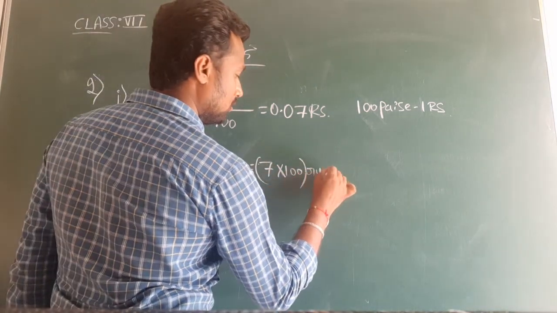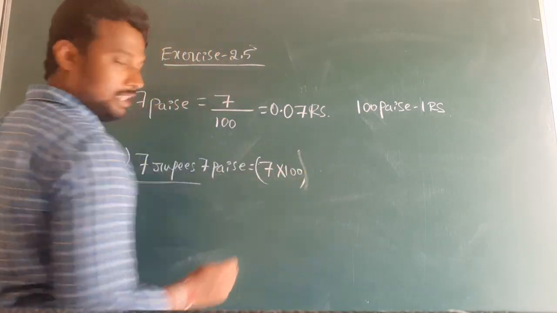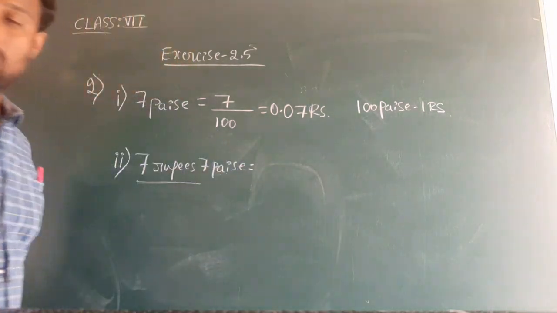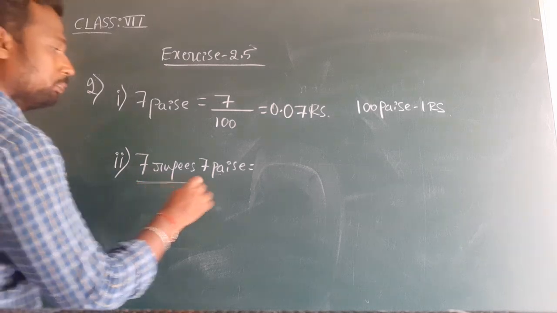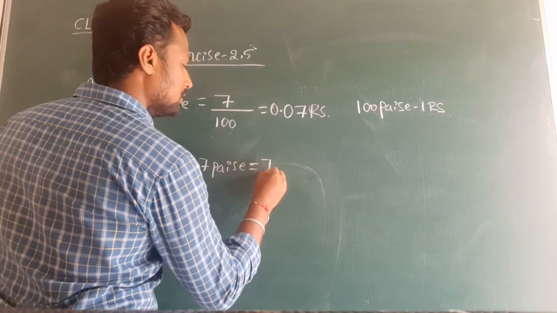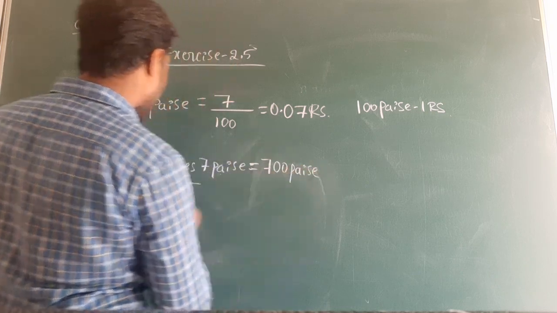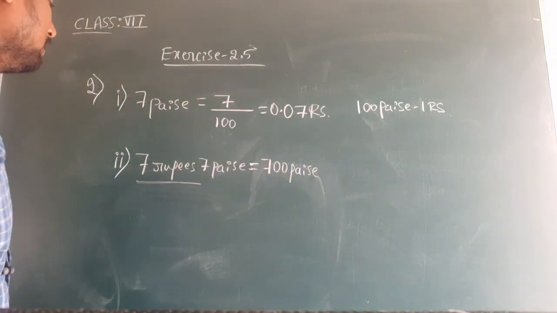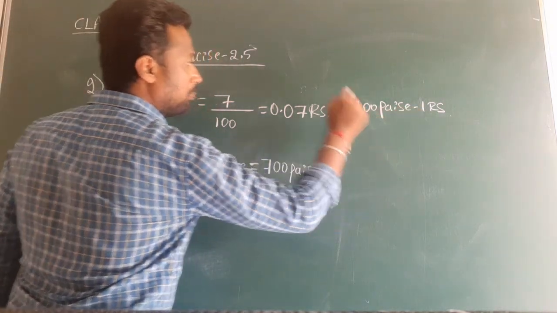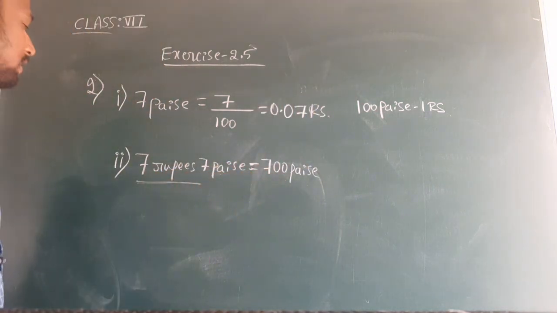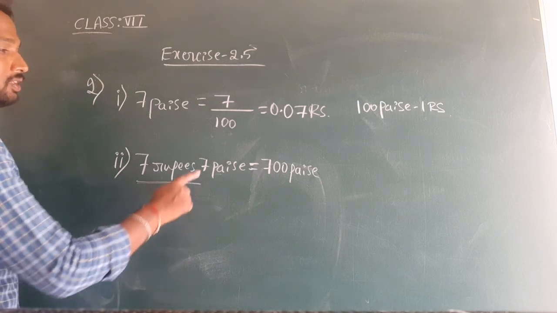In place of 7 rupees, we can write 700 paise. Why does 7 rupees mean 700 paise? For 1 rupee 100 paise is there, so 7 rupees means 7 into 100, 700 paise.